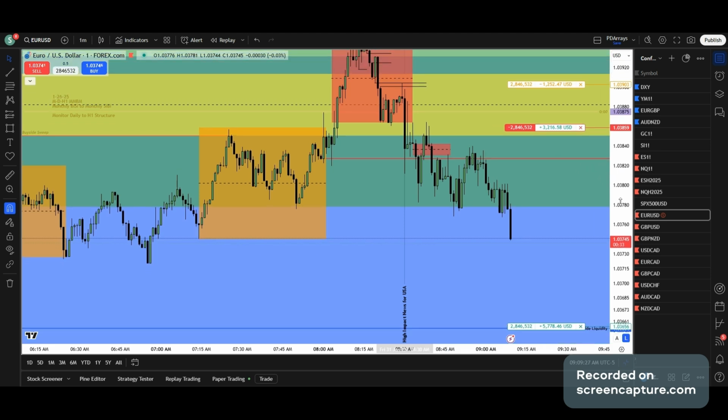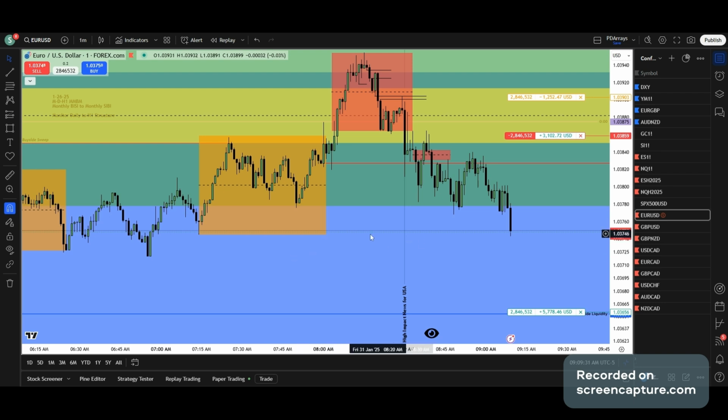We can see here where price is getting nice and heavy. I may want to take 80% off. Oh, now see, you get that wick back. I'll move my stop to break even. I don't want to see it come all the way back.